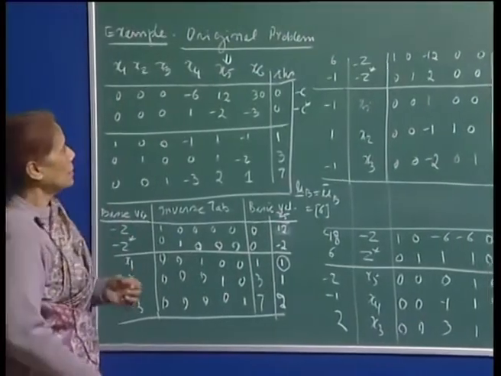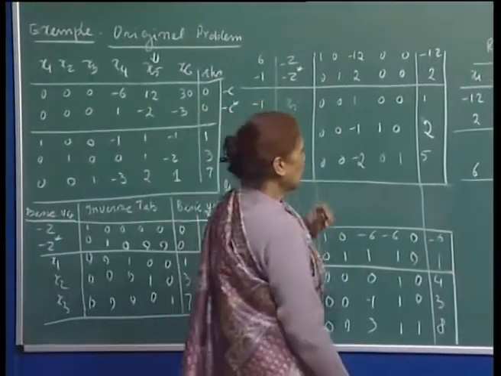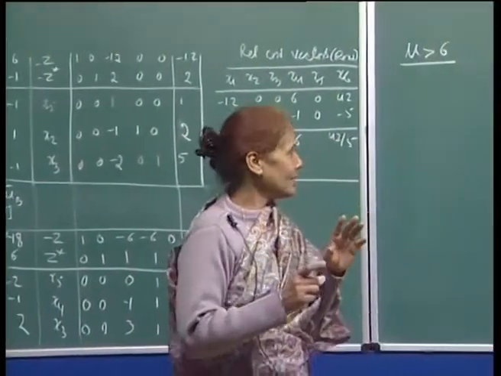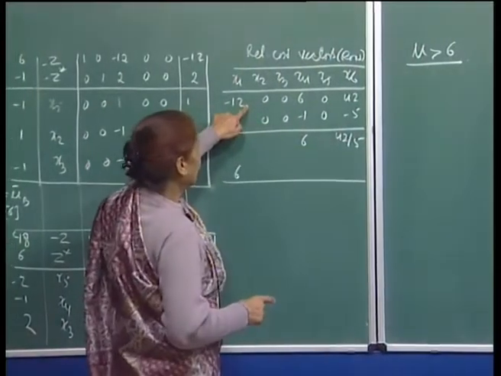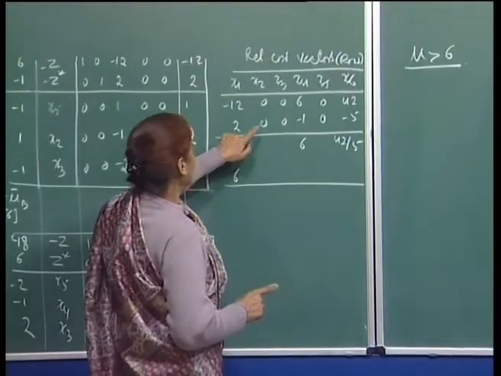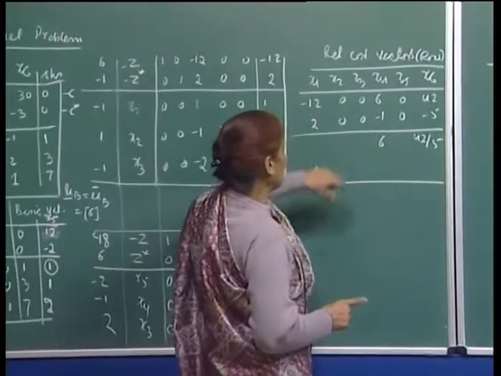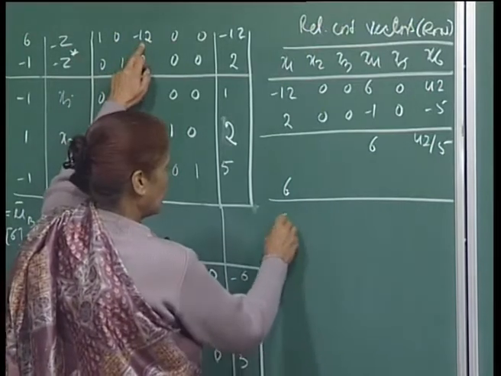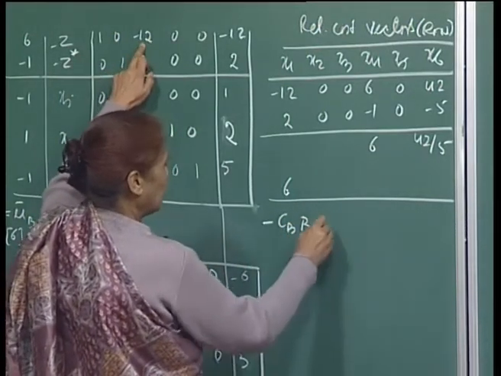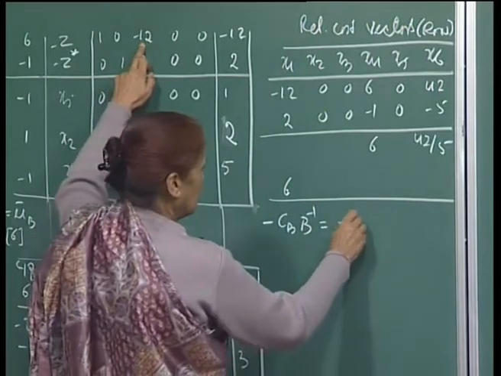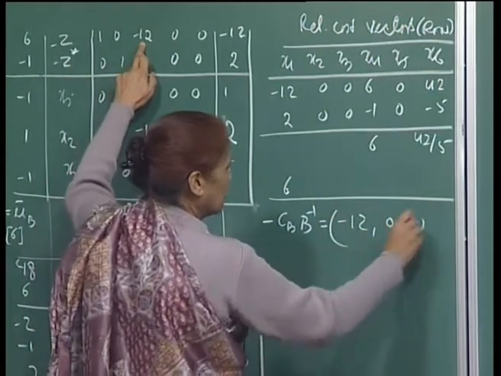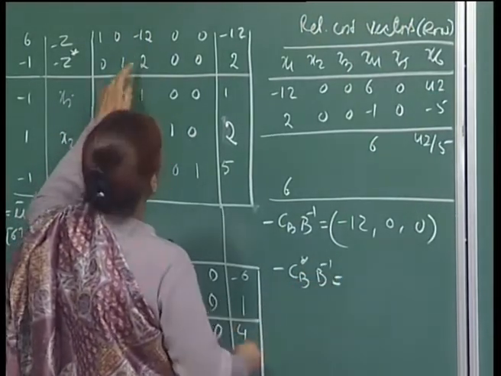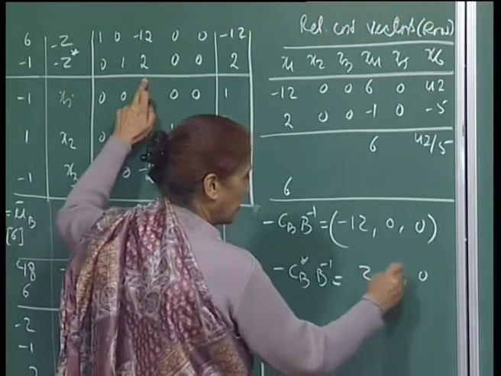And now again we want to check. Remember the only thing that in this case you have to do is compute these rows of C bar and C bar star, because in the inverse tableau, I need to know the ratios, right. That is not difficult, because you know that this is your CB minus CB B inverse, which is minus 12, 0, 0, right, and your minus CB star B inverse is 2, 0, 0, right.